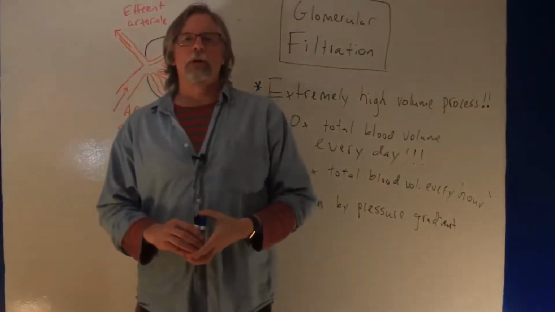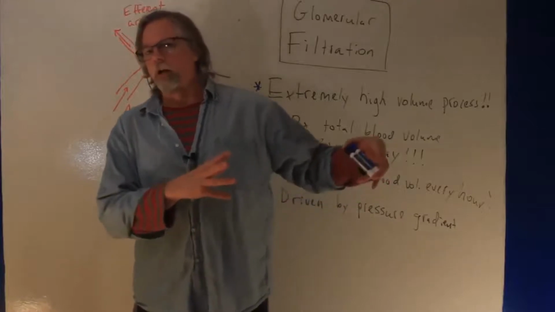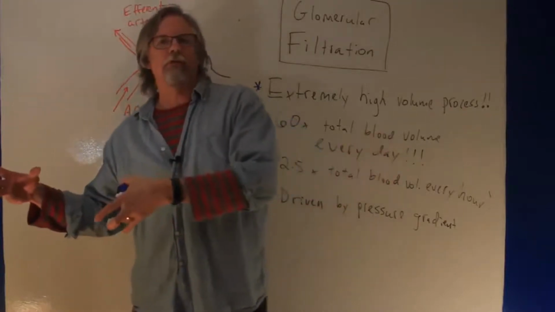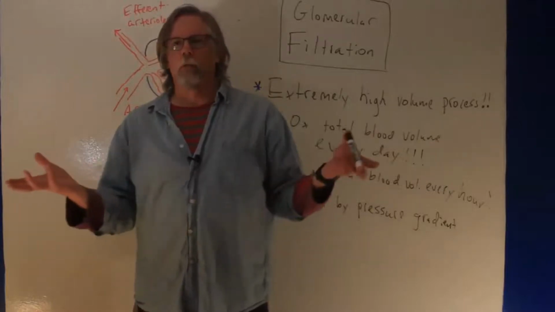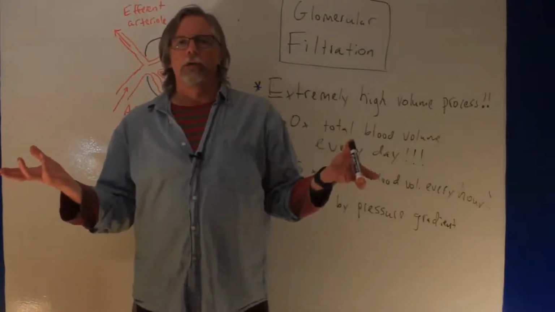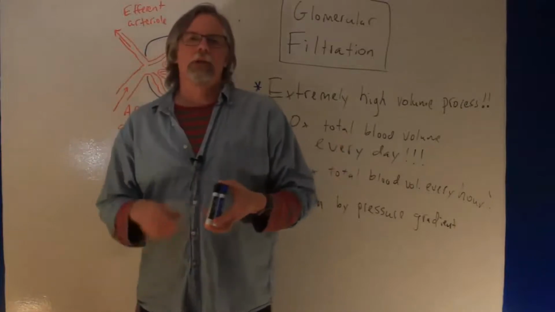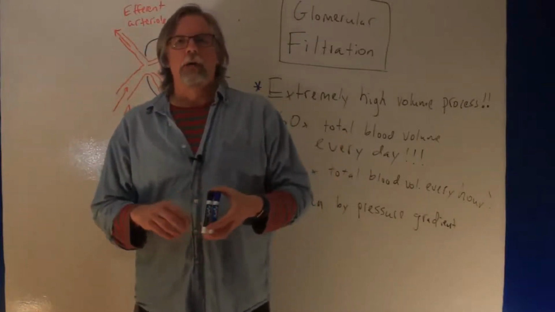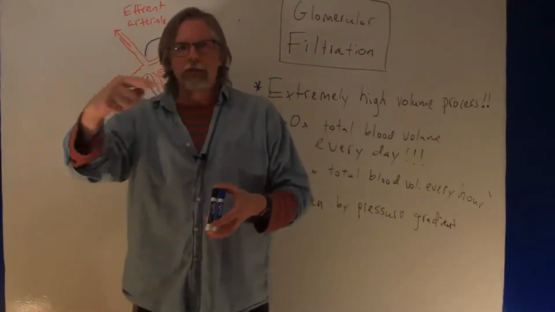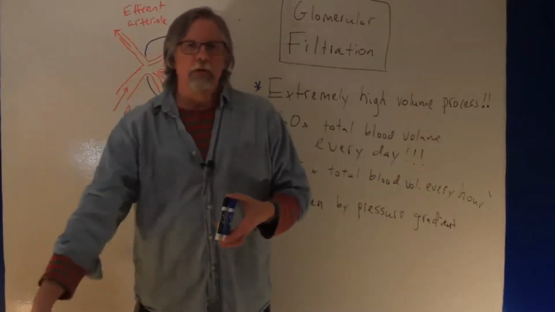Extremely high volume process, a large amount of fluid and dissolved solute moves out of the bloodstream. And what's the fate of that? Well, it's going to travel down the kidney tubule, the nephron, and whatever gets all the way through the tubule is going to end up in the urine.